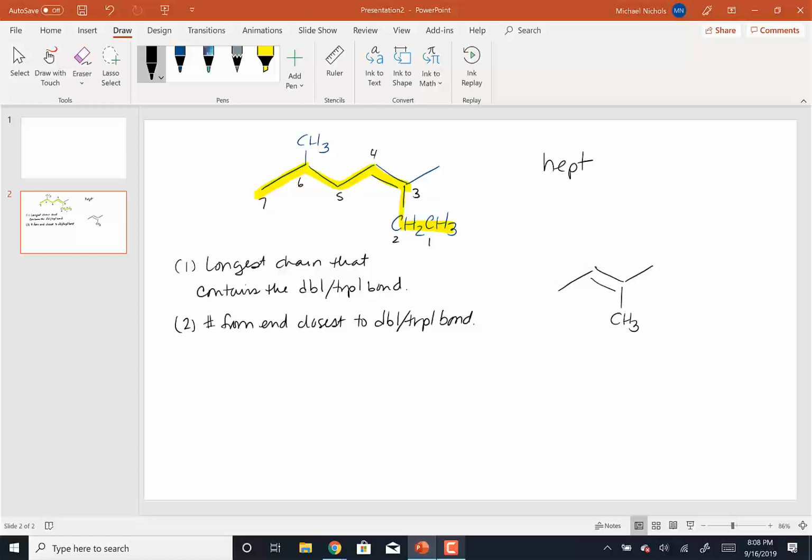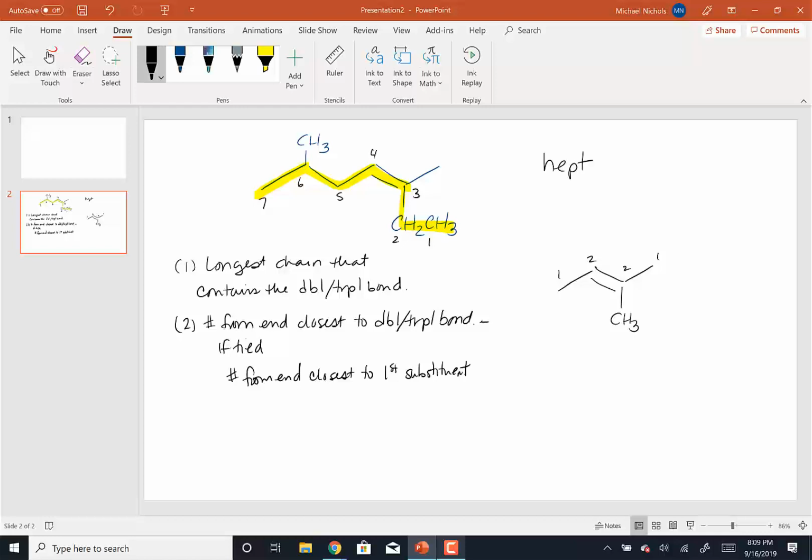So what I can basically say is that they're tied, and so now I would number from the end closest to the first substituent, but only if this is tied. So then if tied, we then go to number from the end that's closest to the first substituent.